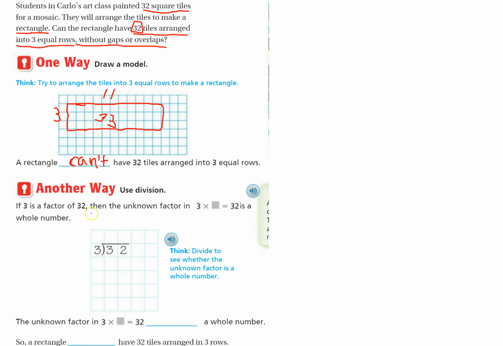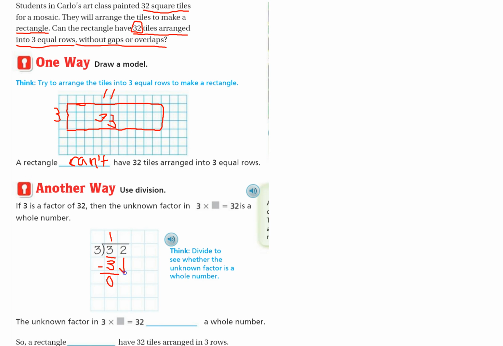If 3 is a factor of 32, then the unknown factor in 3 times blank equals 32 is a whole number. Well, let's check. Let's do our division. This is from last chapter now. Can 3 go into 3? Yeah, it can go in 1 time. 1 times 3 is 3. Subtract gives me 0.